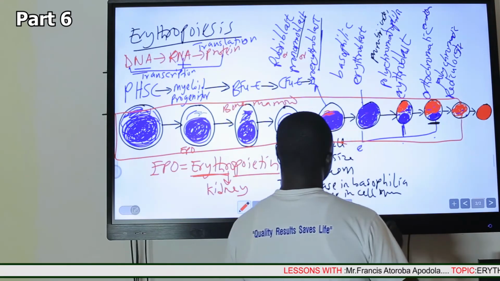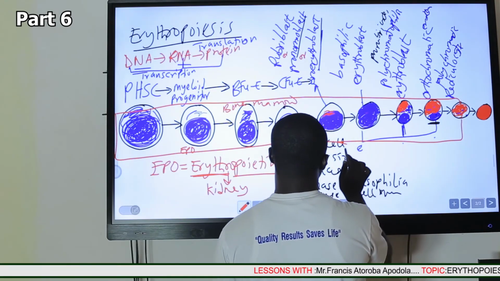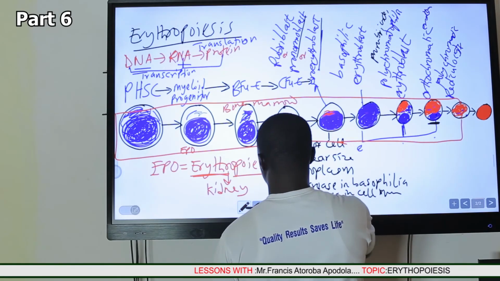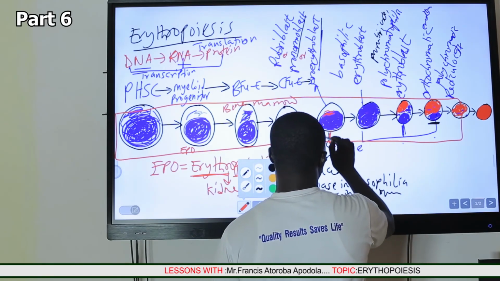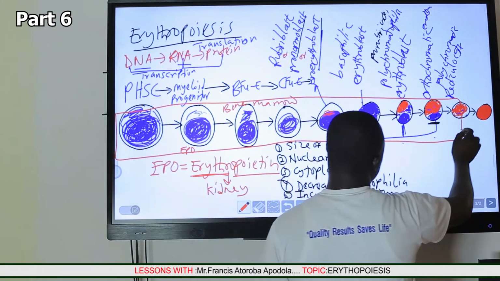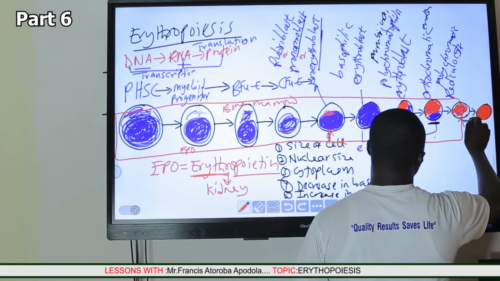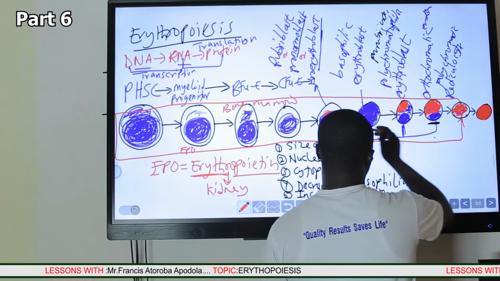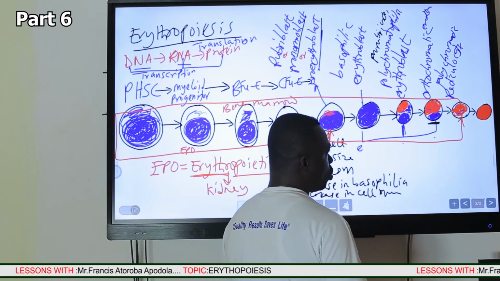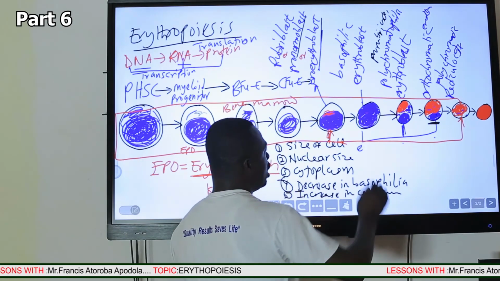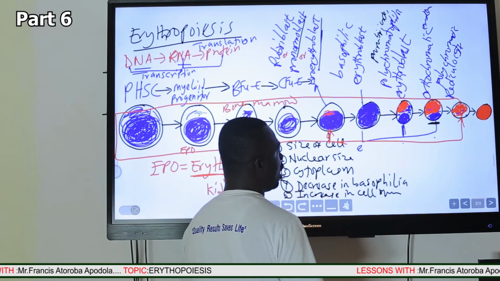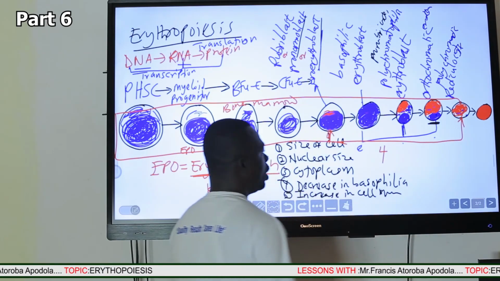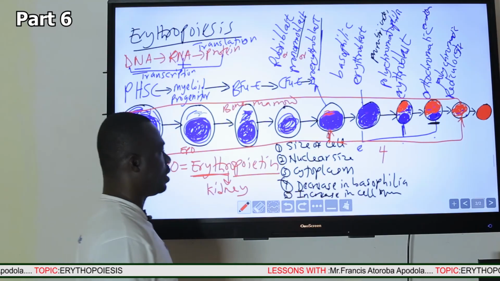Now, from the pro-erythroblast stage to the reticulocyte stage, technically it spends 4 days.